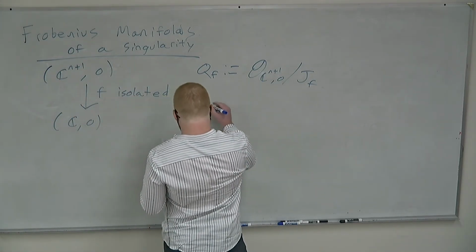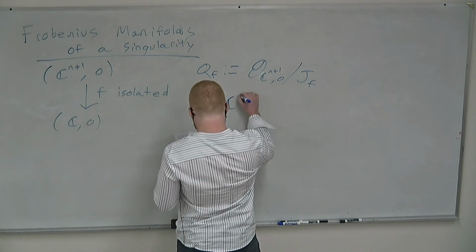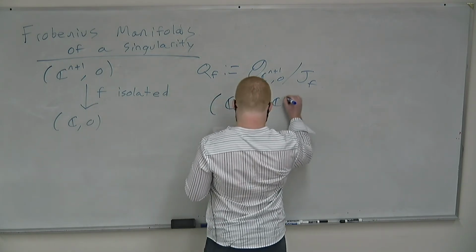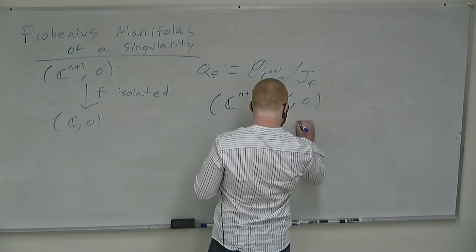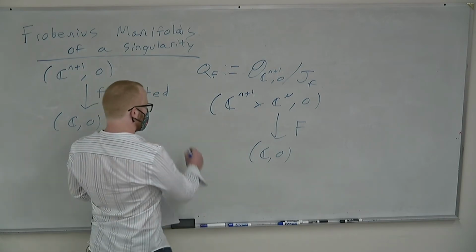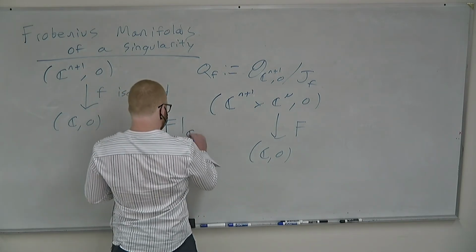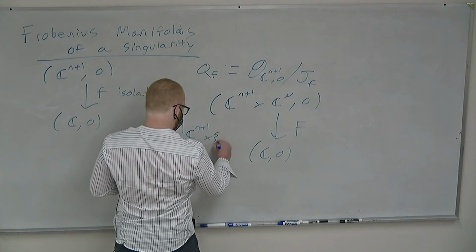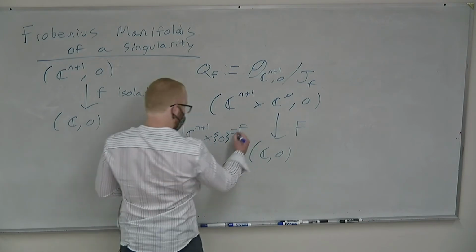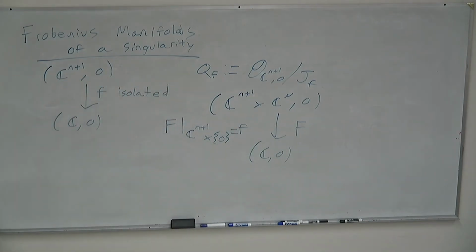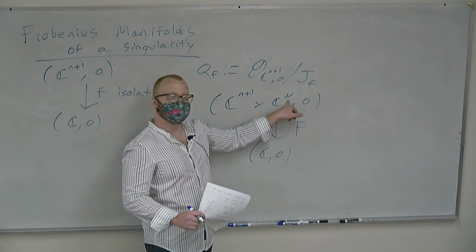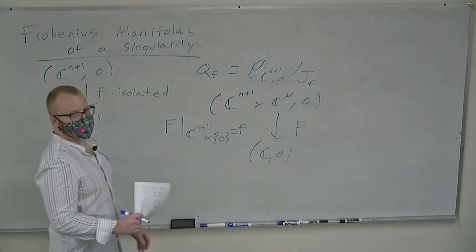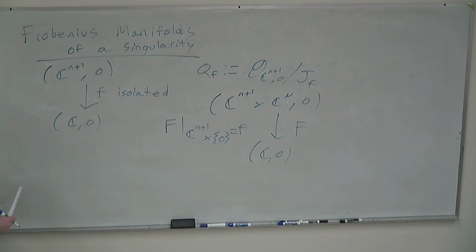So I'm going to construct the semi-universal deformation of this singularity, which is going to be this capital F. The zero fiber of this deformation is just going to be our original F. And notice that the dimension of the deformation space is the dimension of vanishing cycles.